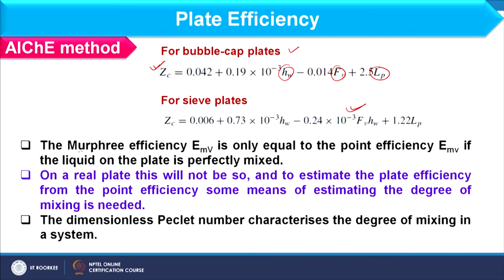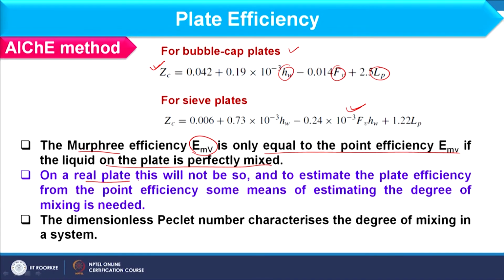Further, the Murphy efficiency, that EMV, is only equal to point efficiency if the liquid on the plate is perfectly mixed. It means if a homogeneous concentration is there in the plate as well as at a particular point, we can say that these two efficiencies will be equal in that case.